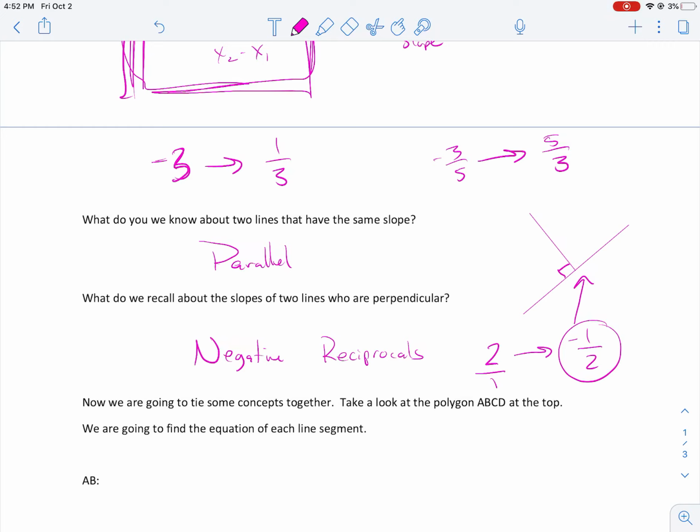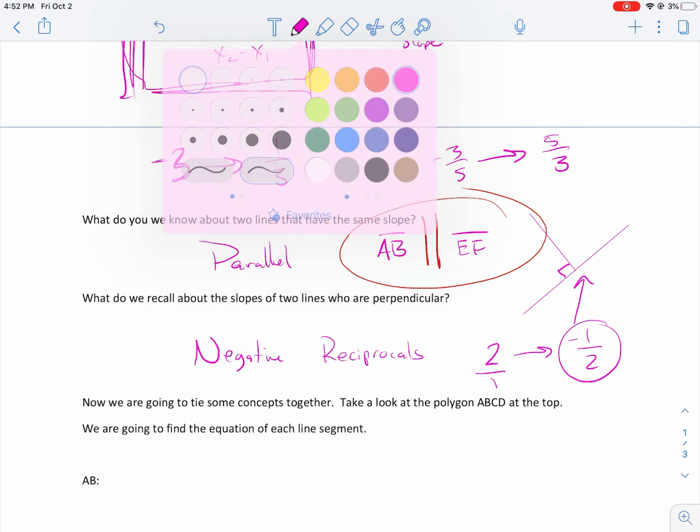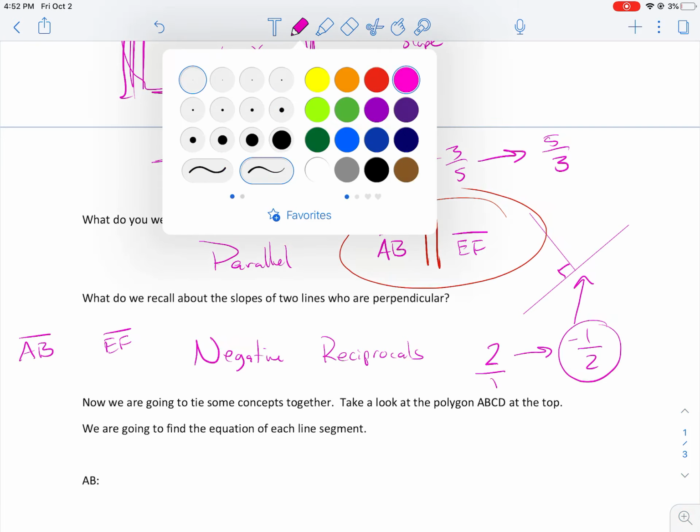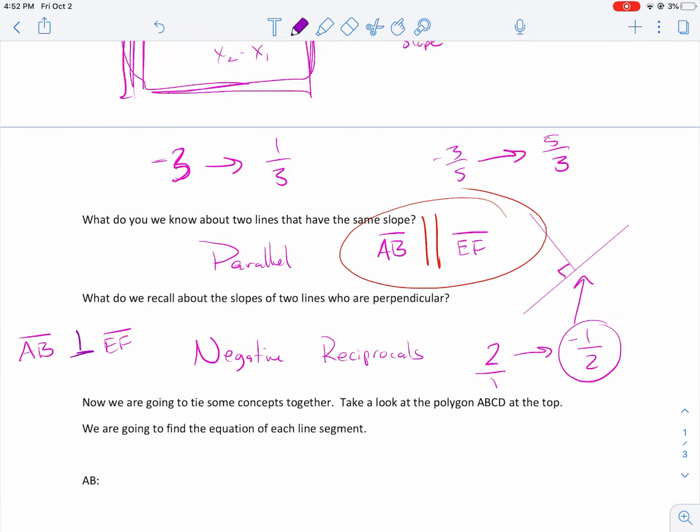Also, the symbol to represent, let's say we had line segment AB is parallel to line segment, we'll say EF, the symbol that goes in there is these 2 straight lines going down. And the symbol for 2 lines that are perpendicular is this one right here.